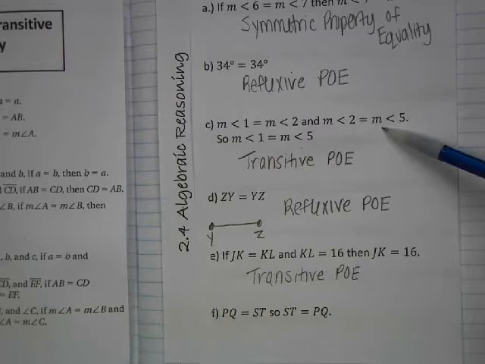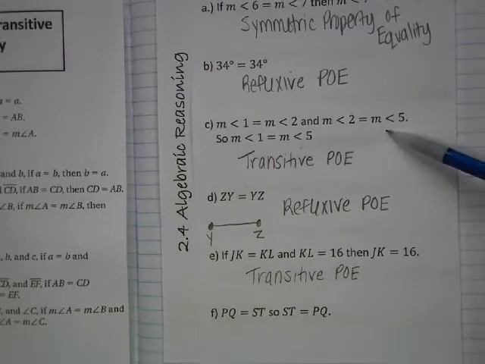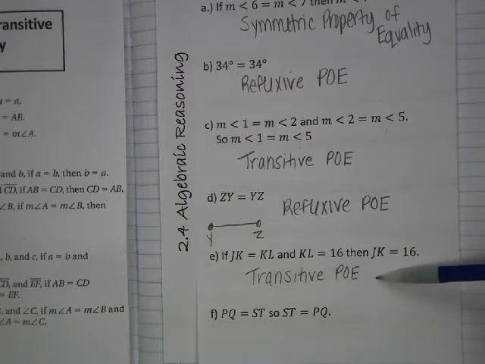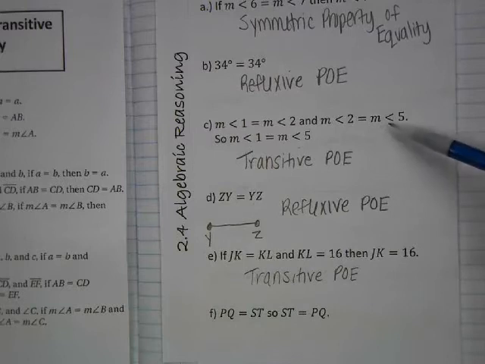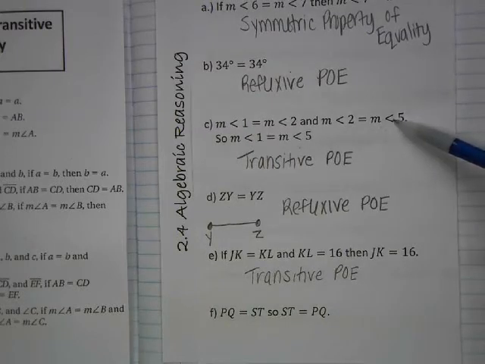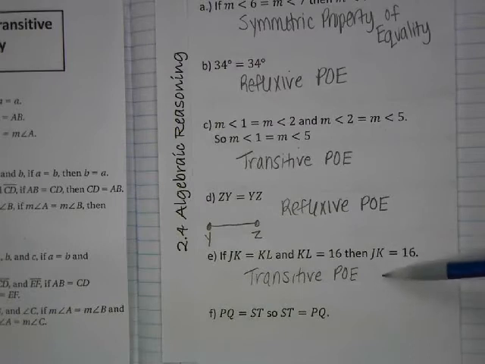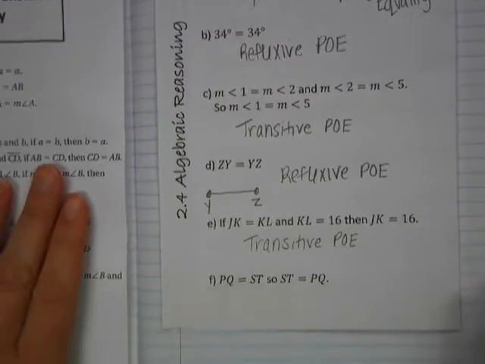C is the transitive property of equality for angles, and E is the transitive property of equality for segments. So they look very similar.